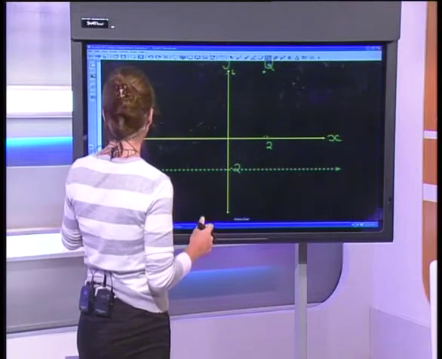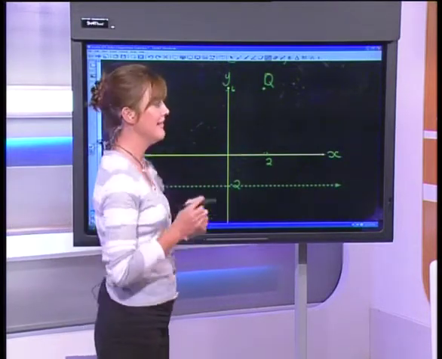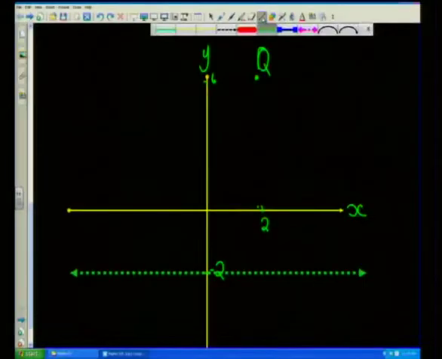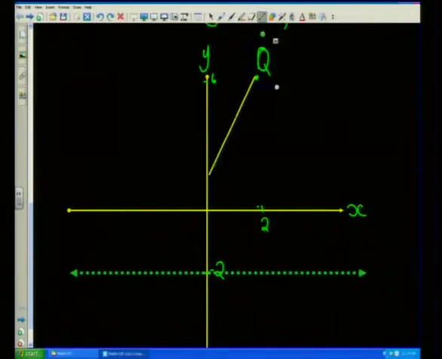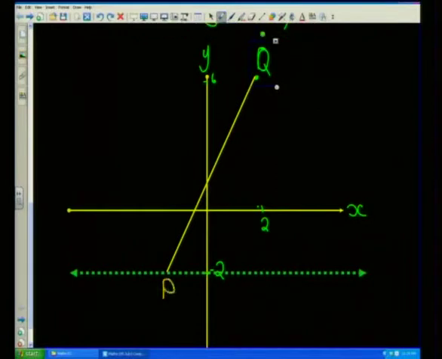Now what we know is that the distance from P to Q, wherever P happens to be on this line, is 10 units, okay? So let's give ourselves an estimated line over here. If we took a line from P to Q, let's say that that's our point P over there. At this point, we are just estimating it. That's point P over there.